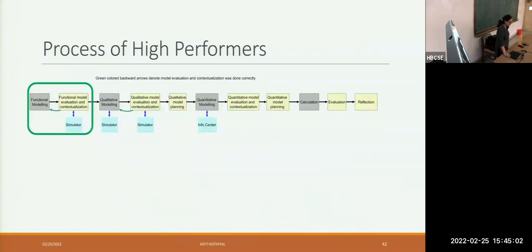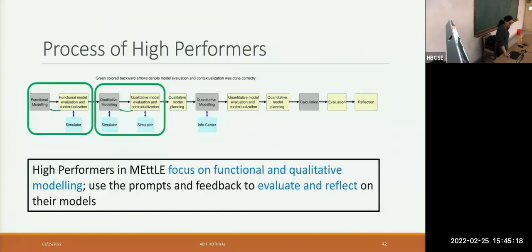This shows the sequence they were following, and a green arrow means that activity was done productively. High performers focused a lot on the functional and qualitative models. They used the evaluation prompts that were there. They reflected, evaluated, and so on.